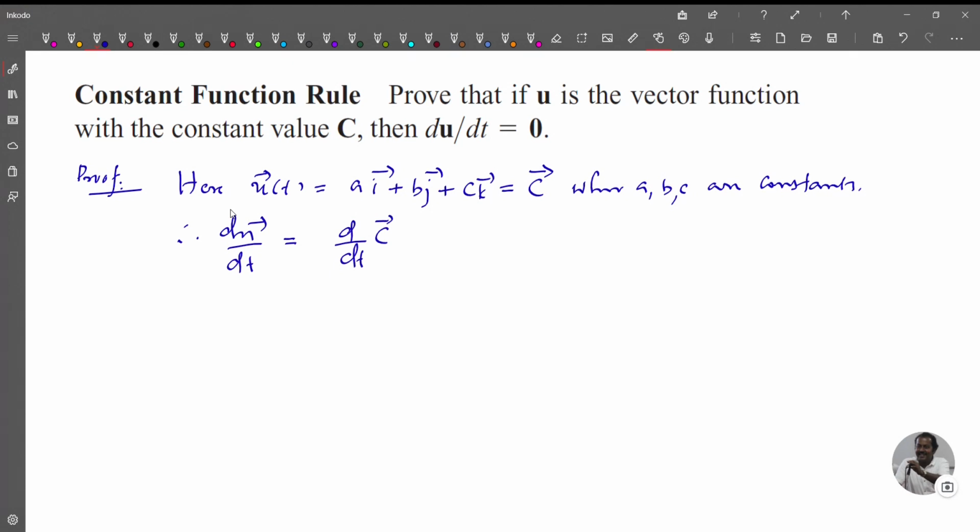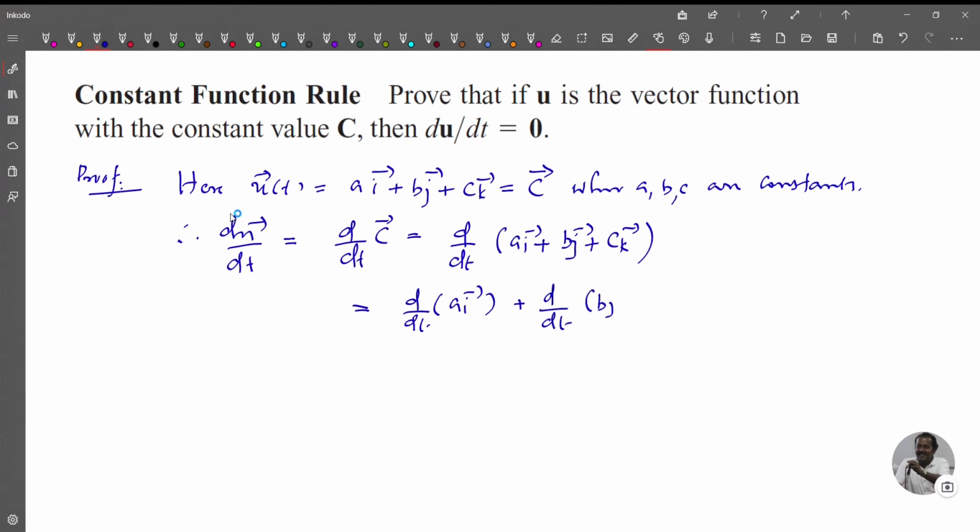So this is equal to d by dt of ai plus bj plus ck, that is equal to d by dt of ai plus d by dt of bj plus d by dt of ck.